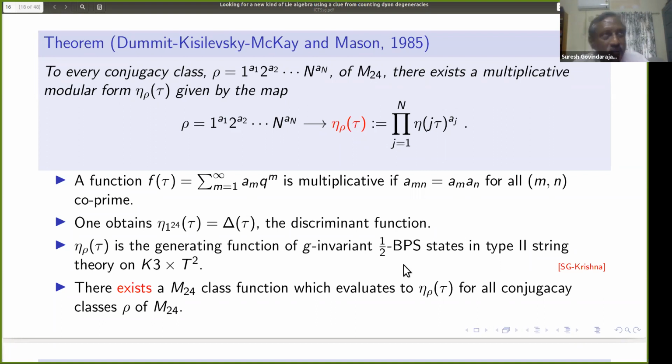But what I'm saying is that if you look at the full space of physical states, they don't see M24. When we are looking at type 2A on K3 cross T2, we are looking not only at the BPS subspace. Doesn't seem to be a very nice subspace. Okay, thanks.